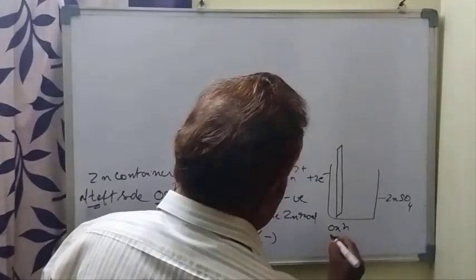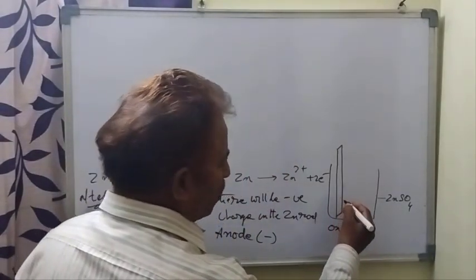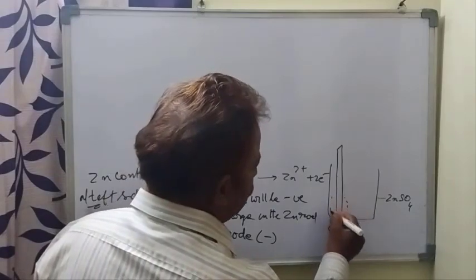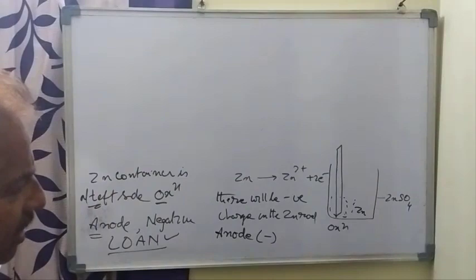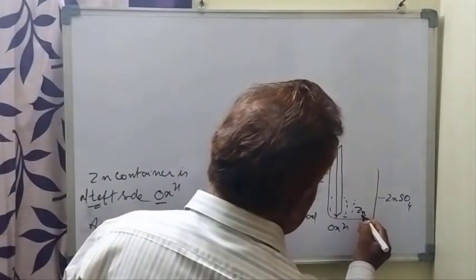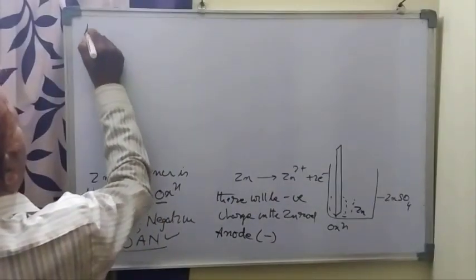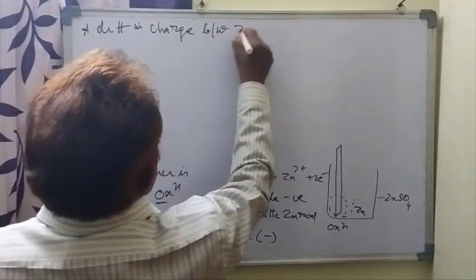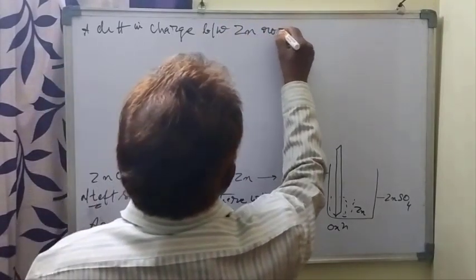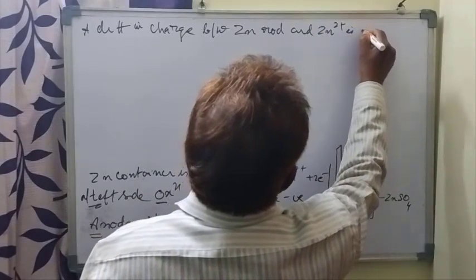Now, see here, what happens as zinc atoms lose electrons continuously. All these are the zinc ions, excess zinc ions accumulate here. Therefore, there will be a difference in the charges between zinc ions and zinc rod. Therefore, a difference in charge between zinc rod and zinc ions is established.